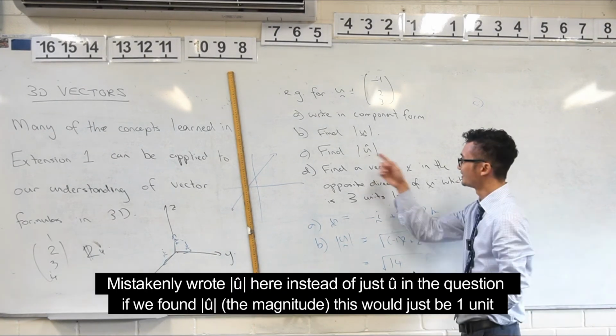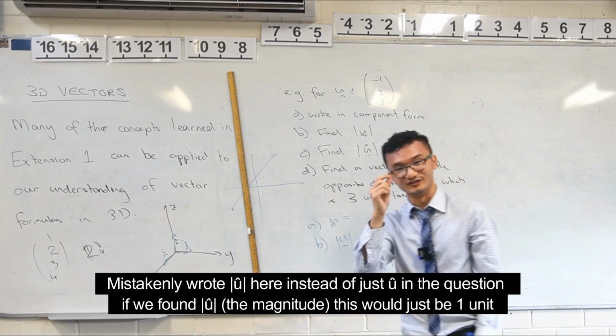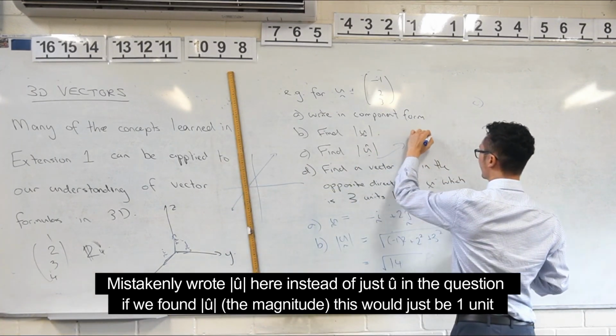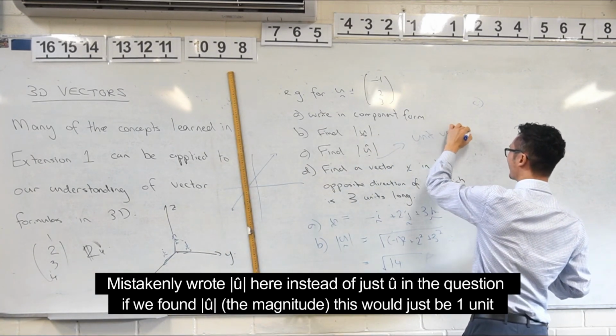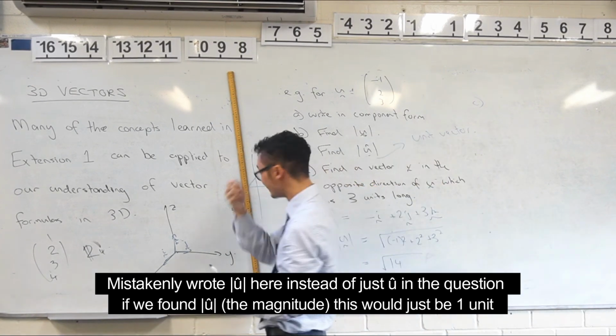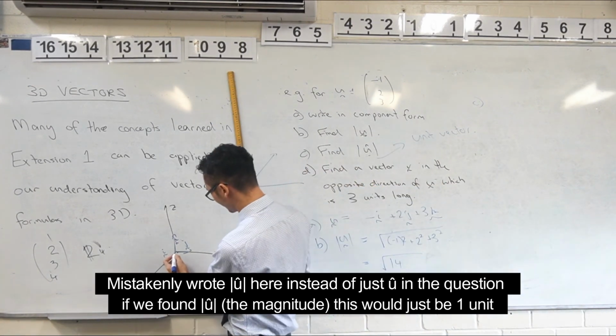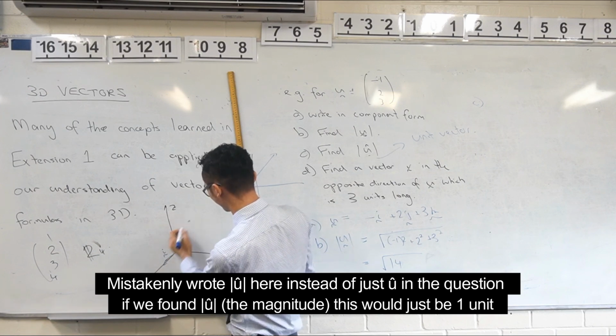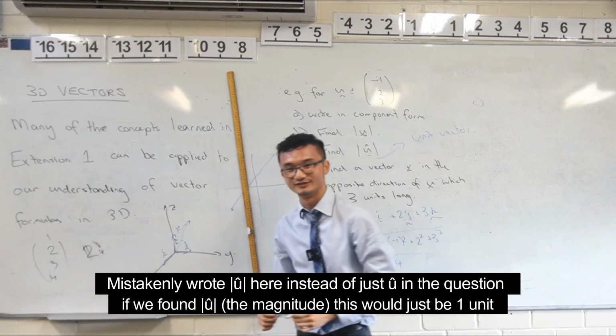So this is our u hat, so it's a unit vector. When we talk about a unit vector, we can take any vector, let's say -1, 2, 3. So that looks like this, maybe somewhere here. This is why we generally don't draw these, because it's very hard to draw.